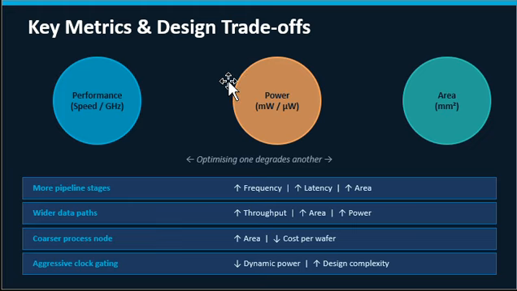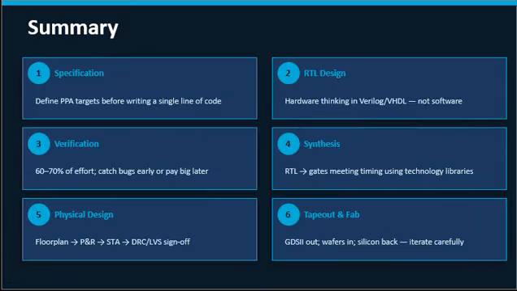RTL design is the most basic and most important part. If it goes wrong, then you have to go back, which can cost you a lot. So we should design it perfectly, and several tests should be made before taping it out.